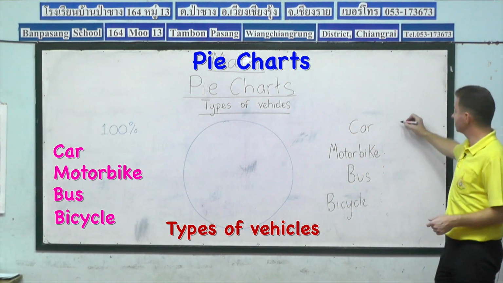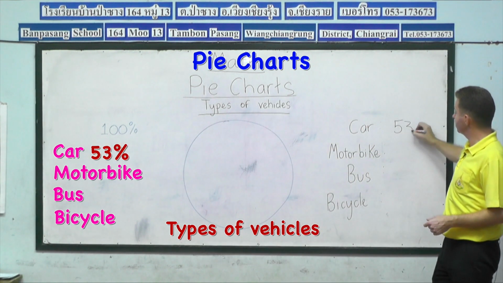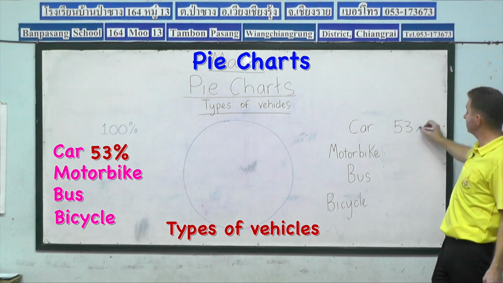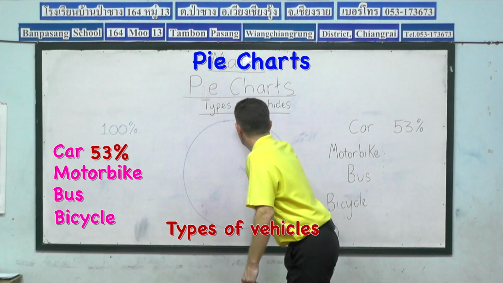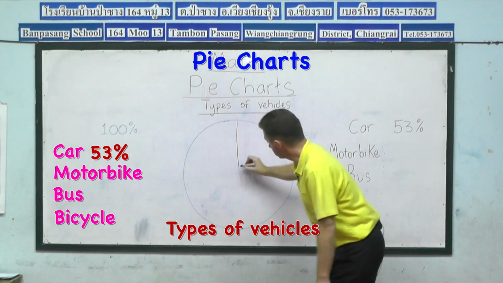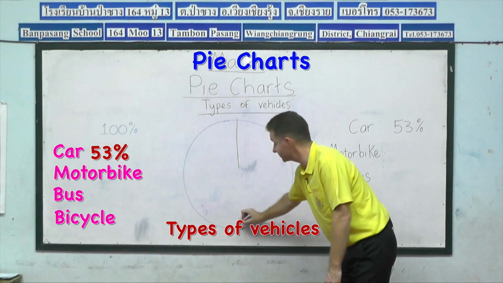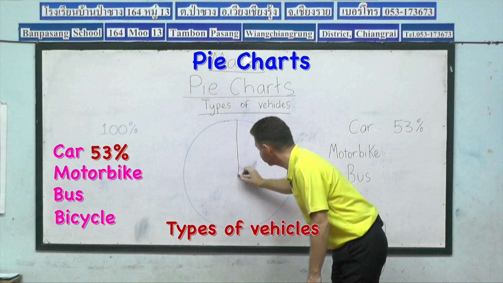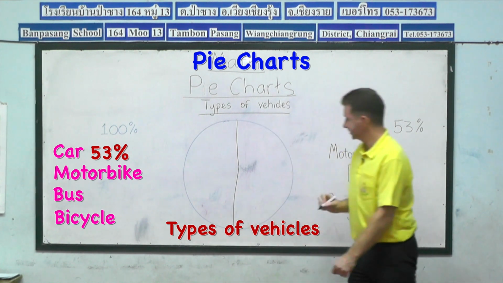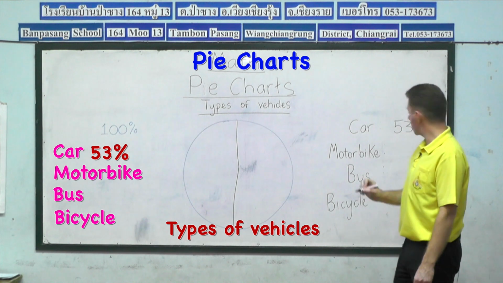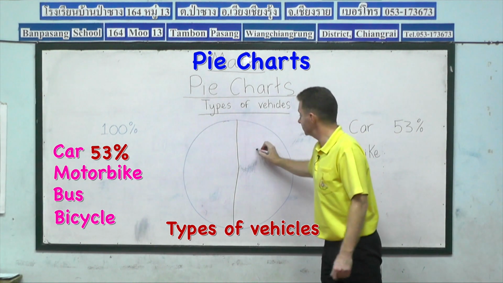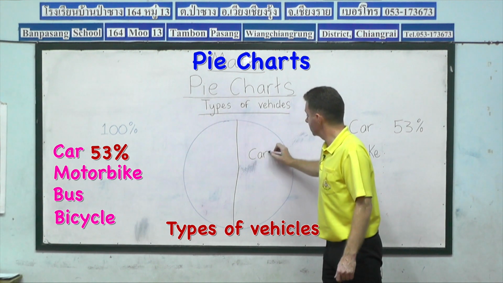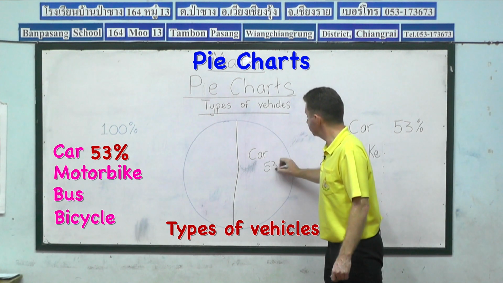So if we're going to say by car, 53%, we would have to draw a pie like this, so straight down. But whereas straight down would be 50%, we need to go a little bit bigger. Just a little bit more than half to represent 53%. So this portion here, car, 53%.